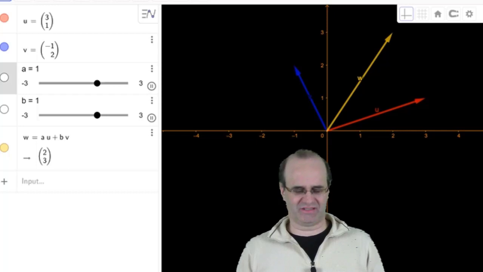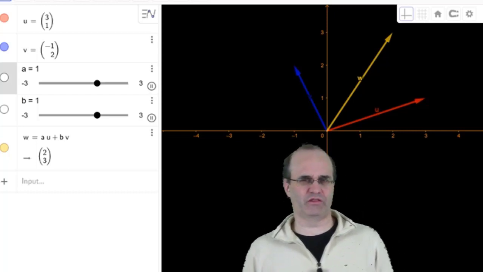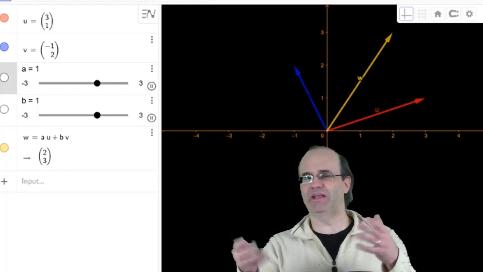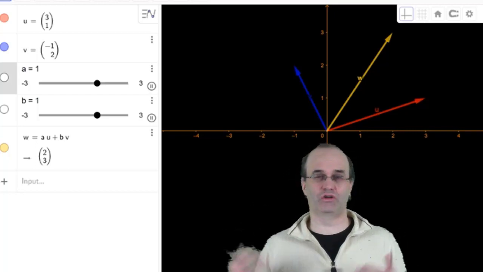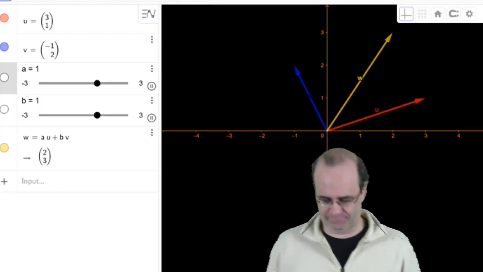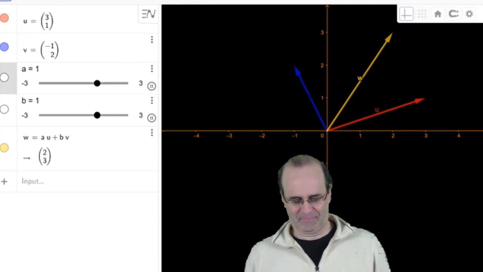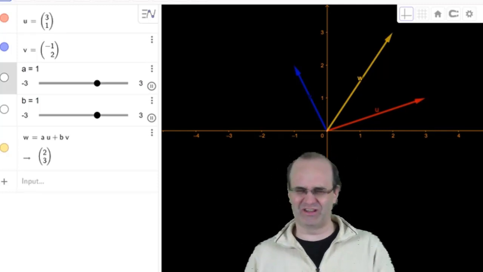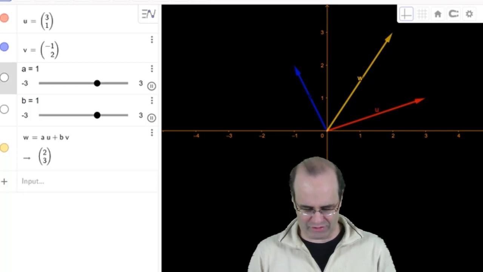I can do something similar. I can give a and b values between -3 and 3. For each pair of values for a and b, I get one linear combination of u and v. Then we can see what these all look like. Again, we cannot look at all of them, because the tablet is finite, so I cannot give a and b all possible real values, but I can give them all values between -3 and 3.